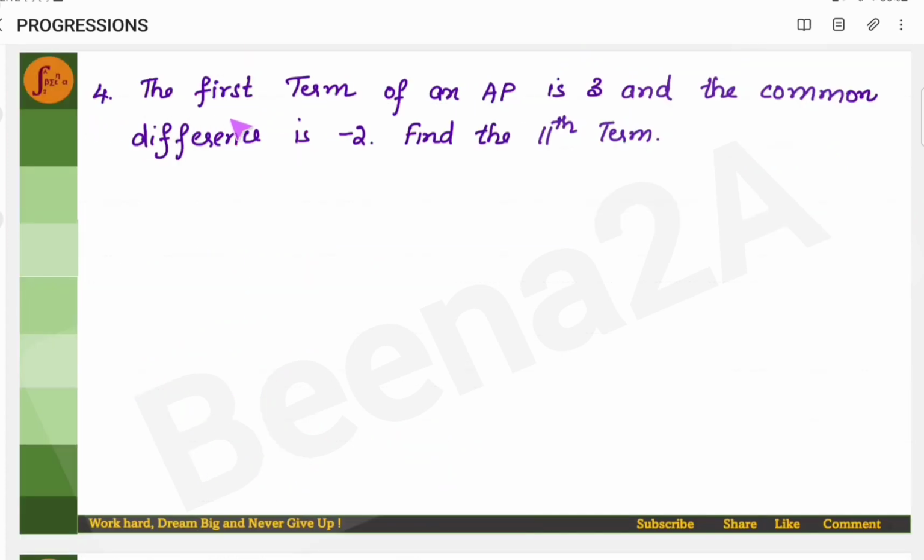Now let's take this example where the first term of an AP is 3 and the common difference is minus 2. Find the 11th term. Immediately we'll use the term formula. The term formula is Tn is a plus (n minus 1) into d. Now we have to find the 11th term, which means n is equal to 11. The first term is 3, which means a is 3. The common difference is minus 2, which means d is equal to minus 2.